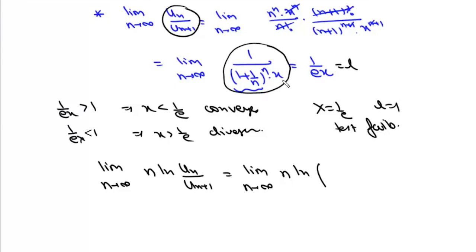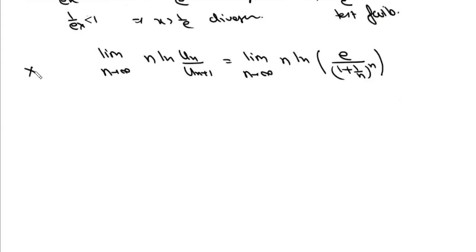Now we have taken x as 1 upon e, so we are going to write this as e upon 1 plus 1 by n to the power n. So this is when the value of x is 1 by e.